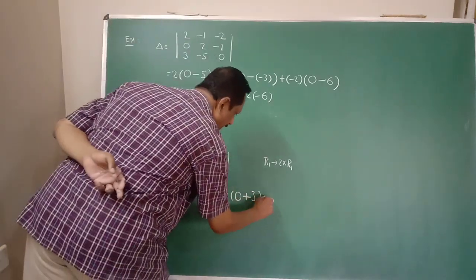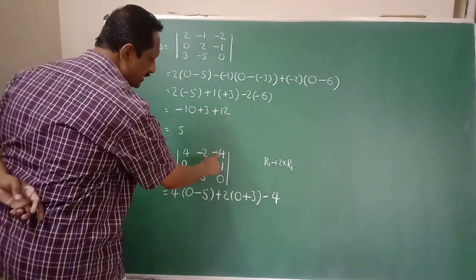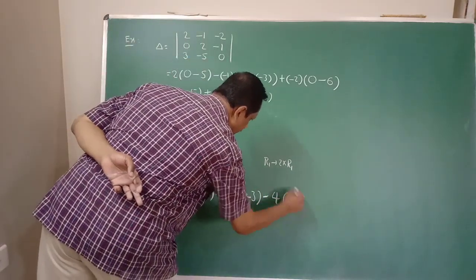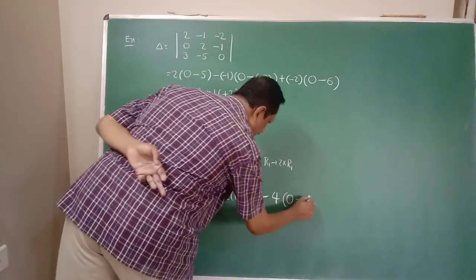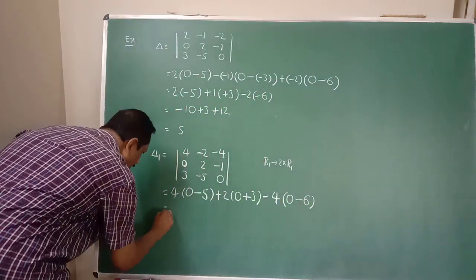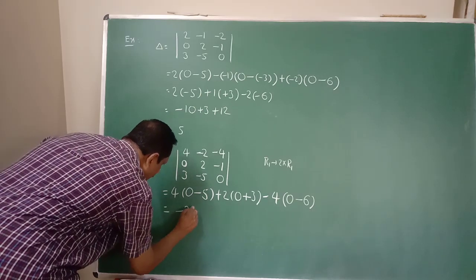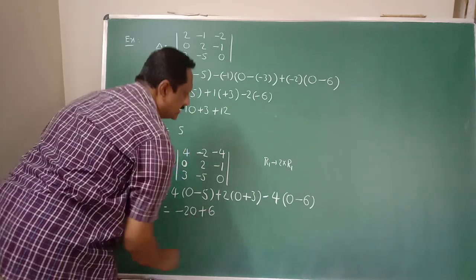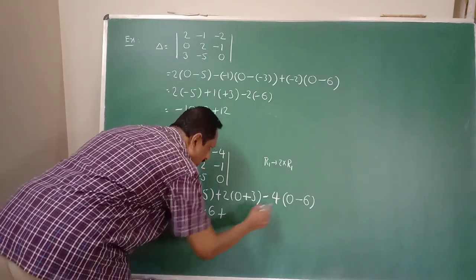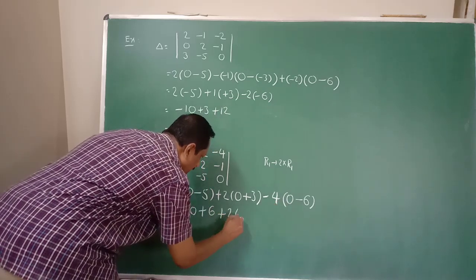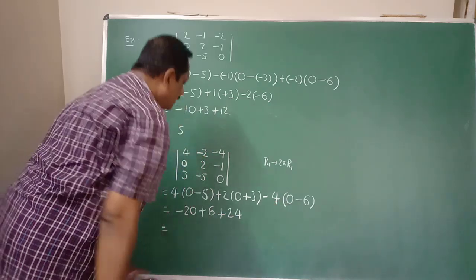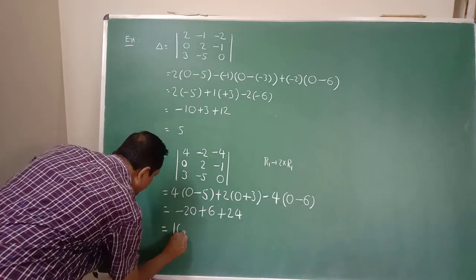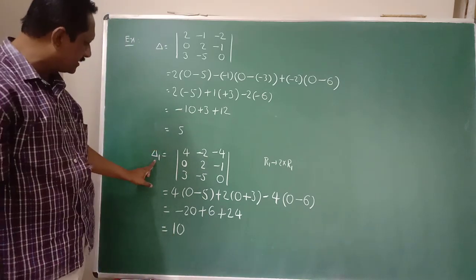Then minus of 4 into (0 into minus 5 is 0 minus 3 2s are 6). This is equal to 4 5s are 20, so minus of 20, plus 6, plus 24. Therefore 24 plus 6 is 30, 30 minus 20 is plus 10. So delta 1 equals 10.